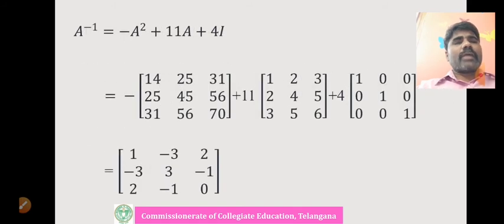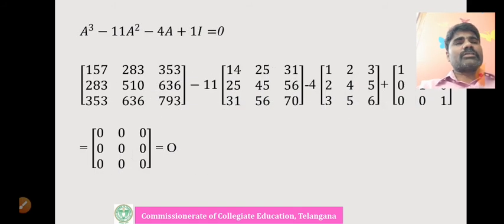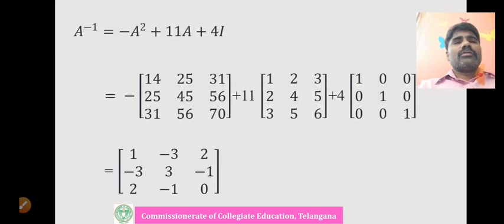The inverse is found by multiplying both sides by A inverse. This becomes 1 into A inverse, with A inverse on the left side, and we take all the remaining terms to the right-hand side. We will have A inverse equals minus A square plus 11A plus 4I.